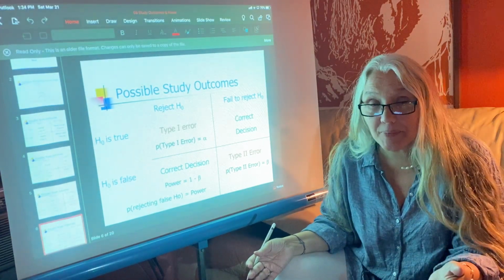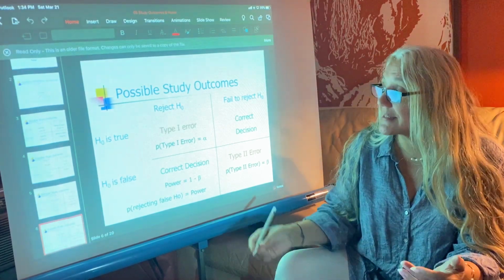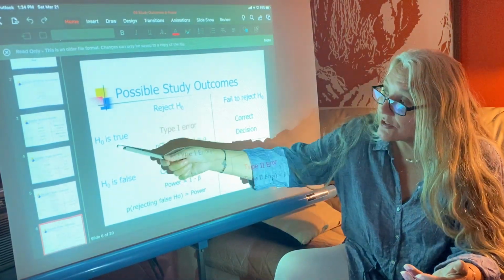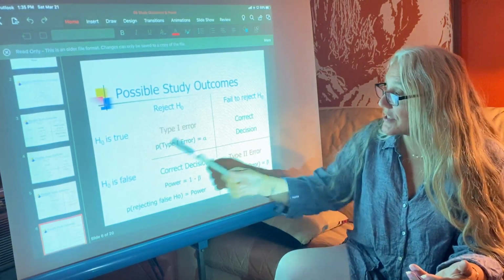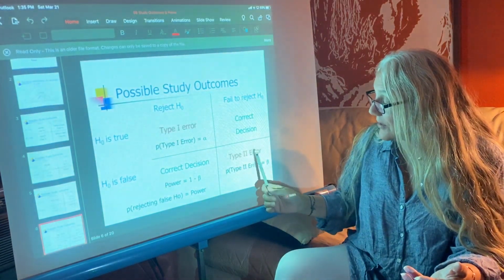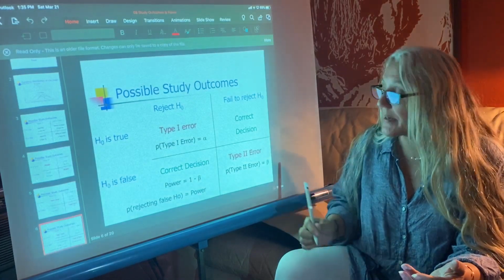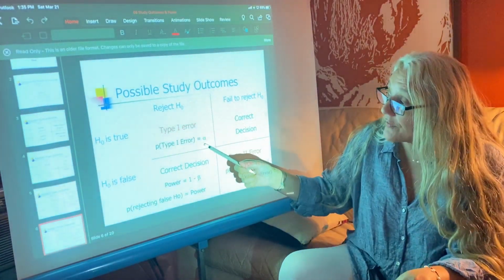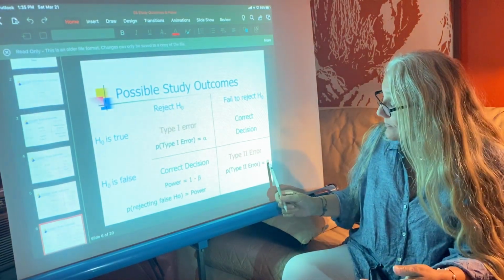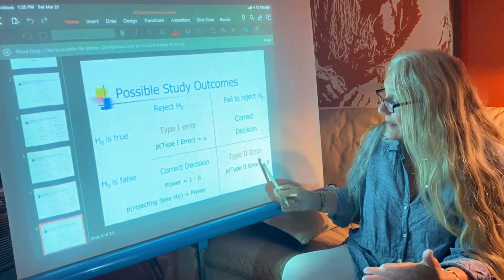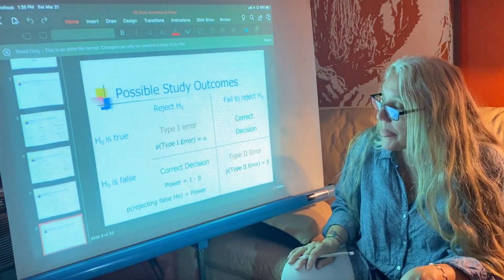It's also the probability of making a type 1 error, because a type 1 error is rejecting a true null. If we fail to reject a false null, that's called a type 2 error, and the probability of a type 2 error is called beta. So we have alpha, an error of the first type, the probability is alpha. Beta, an error of the second type, the probability is beta.